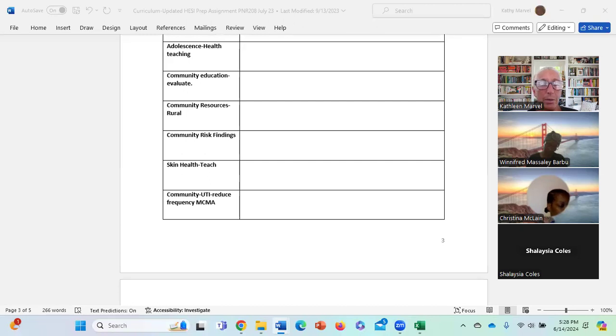What do we want to teach about skin health? Maybe that's a cancer screening question. Skin health. How do you maintain healthy skin? Maybe that's your screenings for rashes, for spots.